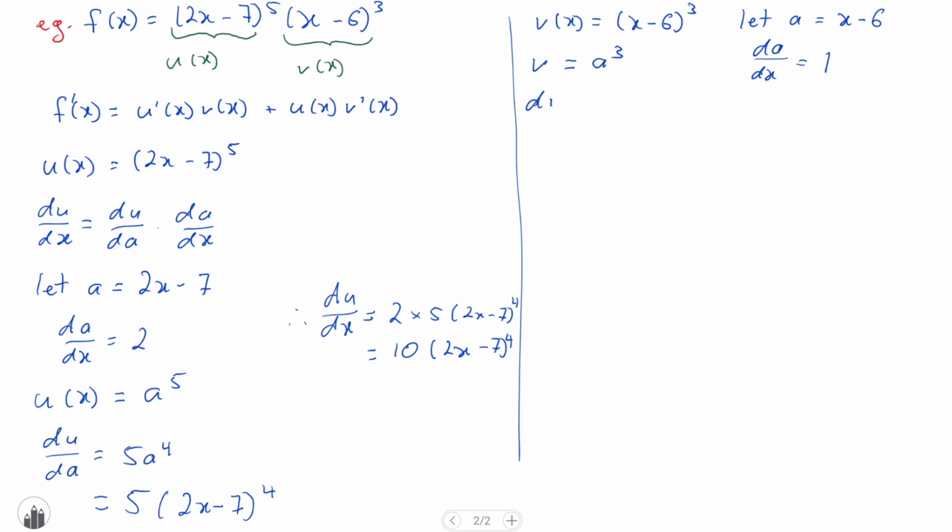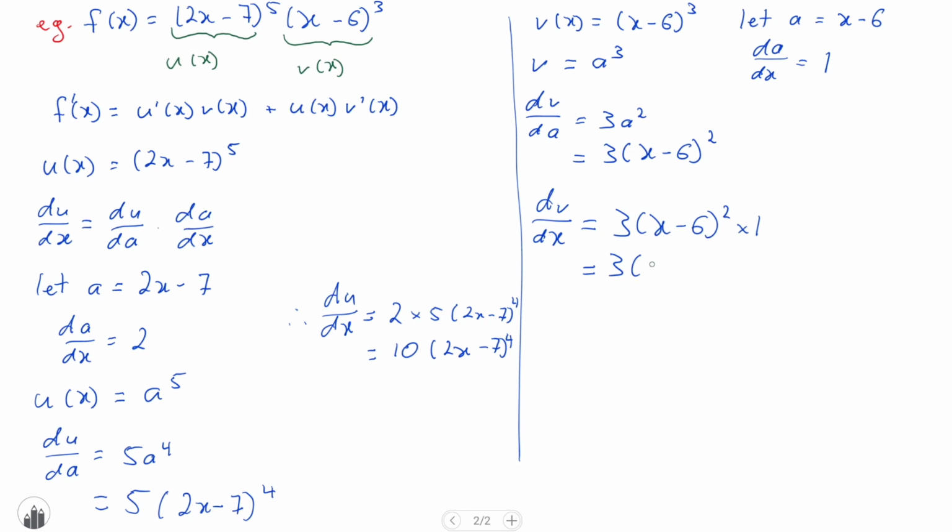Means dv dA is equal to 3a squared, which is equal to 3 times our original function a, x minus 6 squared. And now we can find dv dx as dv dA times dA dx. So 3 times x minus 6 squared times 1, and we're just multiplying it by 1, so that doesn't change it.